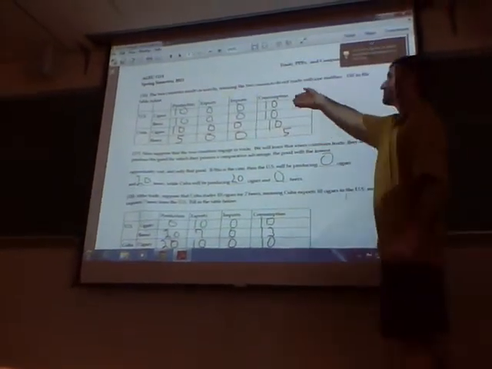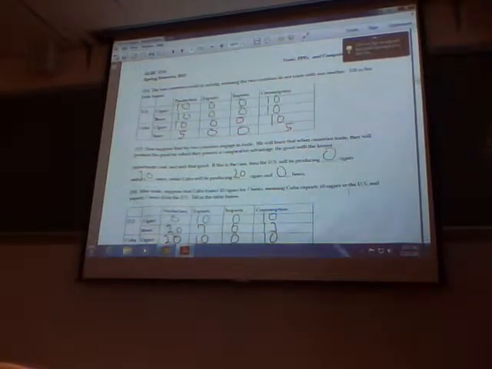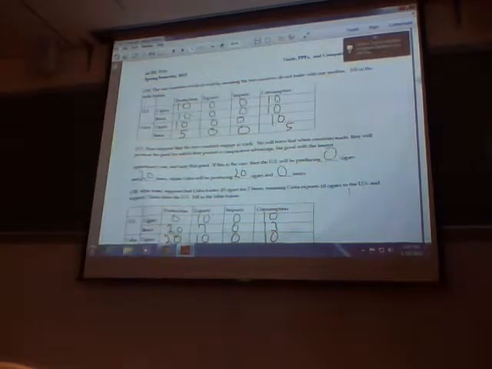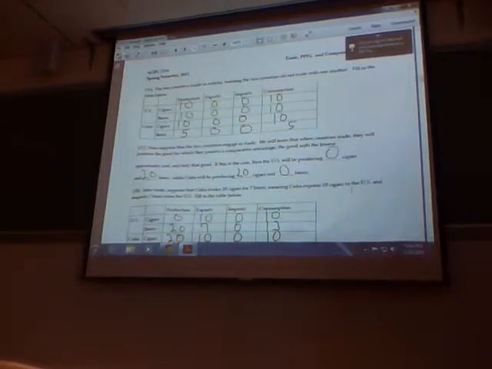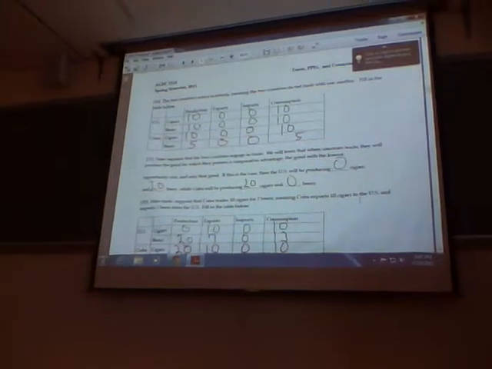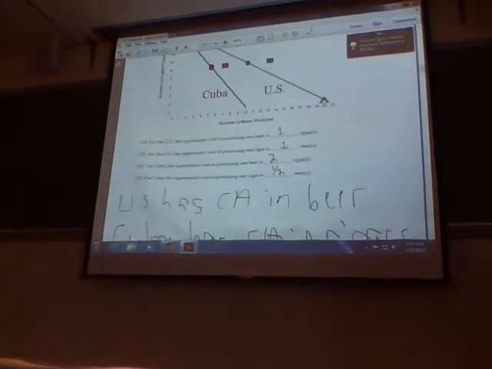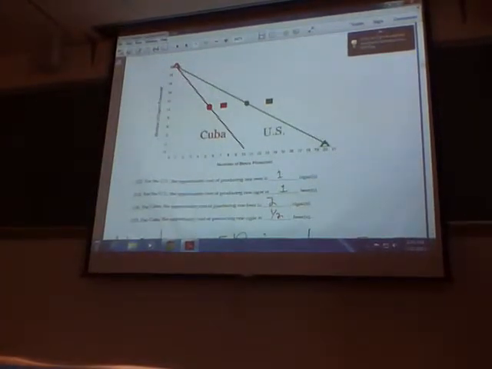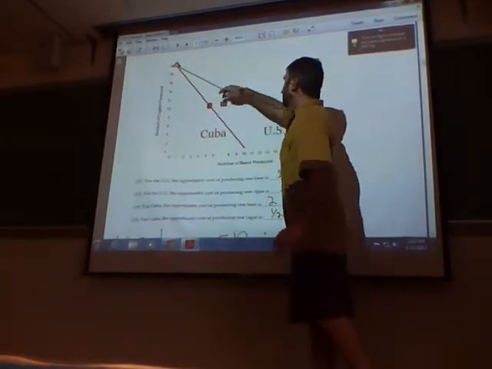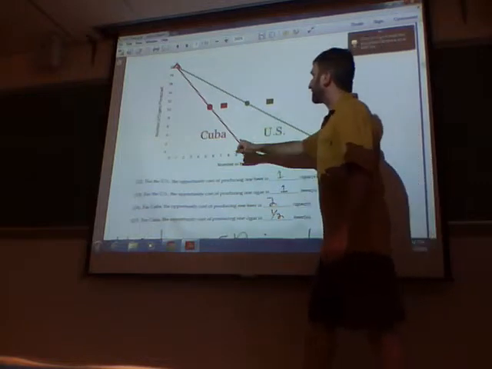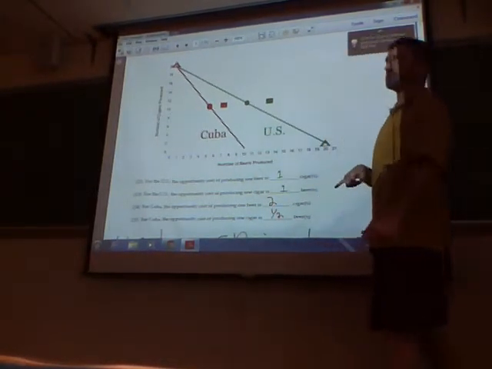And the only thing you consume is what you produce. In the announcements I said do a circle for that, for where you produce and consume before trade. So that's why you have a circle at 10 and 5 for Cuba and at 10 and 10 for U.S.